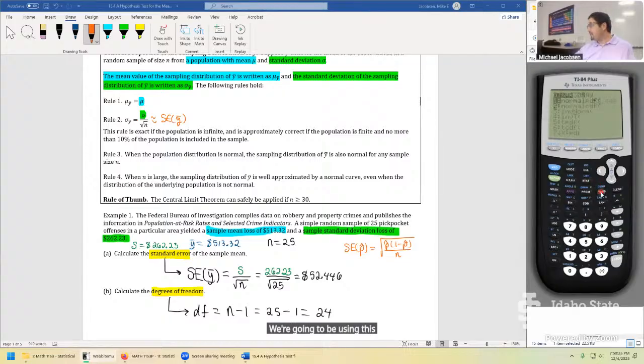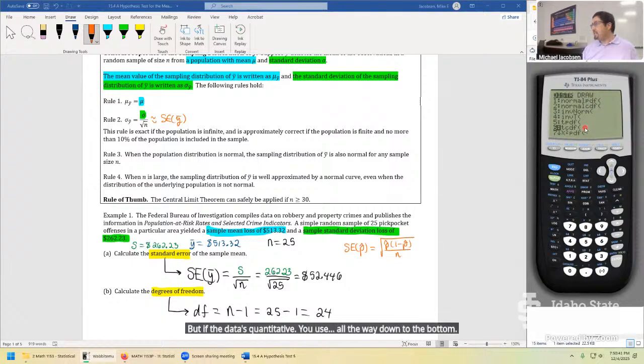Let's take a preview of the calculator operation. Notice you used normal CDF to get a p-value for categorical data. But if the data is quantitative, you use the one all the way down at the bottom, T CDF. T is for the T distribution, normal is for the normal distribution, and CDF stands for cumulative distribution function, just a fancy way to say gather the area.